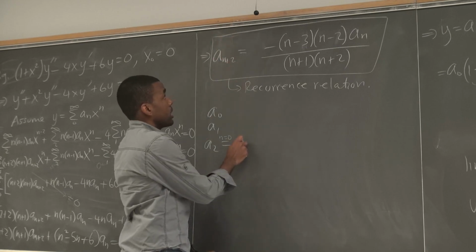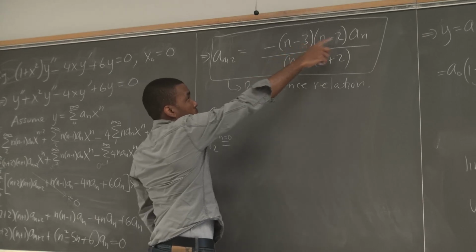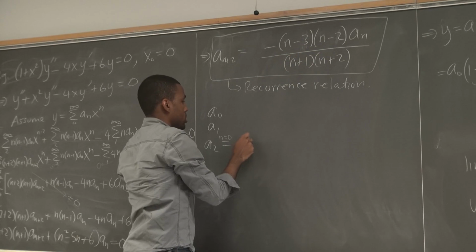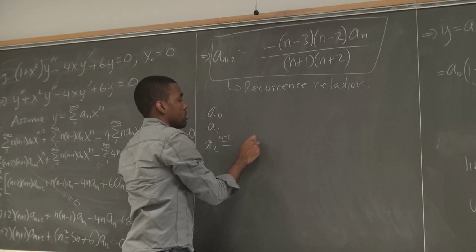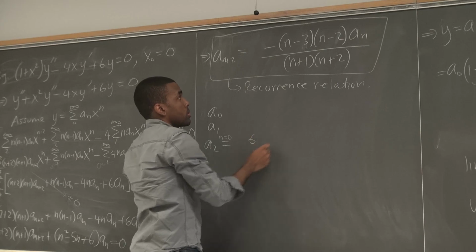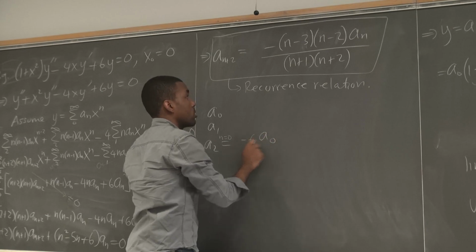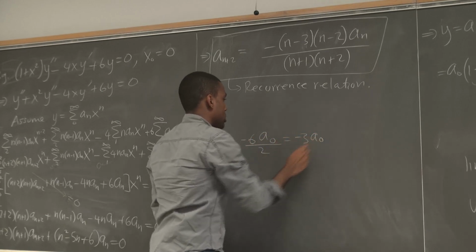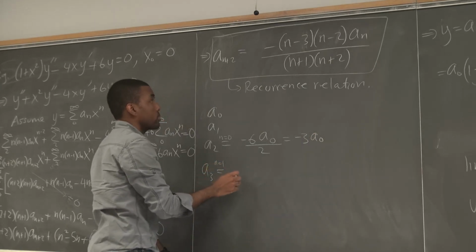A2 is when I plug in n equals 0. So this is just negative 6 A0 over 2, which is negative 3 A0. A3 is when I plug in n equals 1.